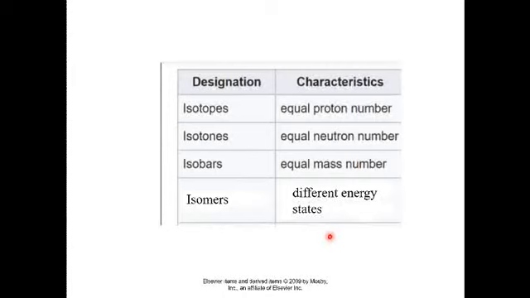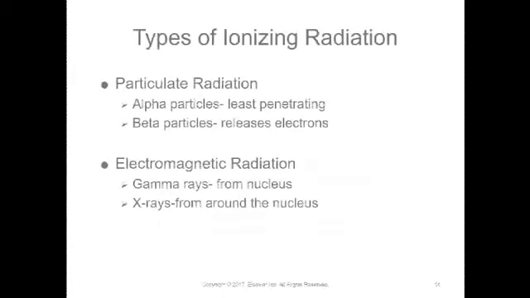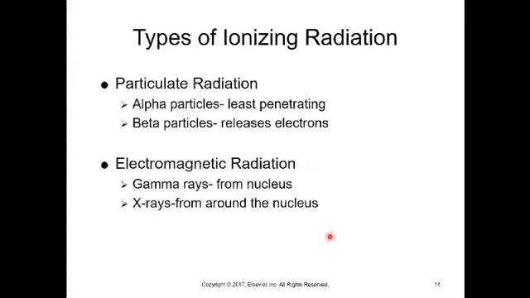I'm going to move on. You definitely need to understand in radiography that there are different types of ionizing radiation. There's particulate radiation, which deals with your particles. That's why it's called particulate. That's your alpha particles and your beta particles. Now, your alpha particles are your least penetrating particles.